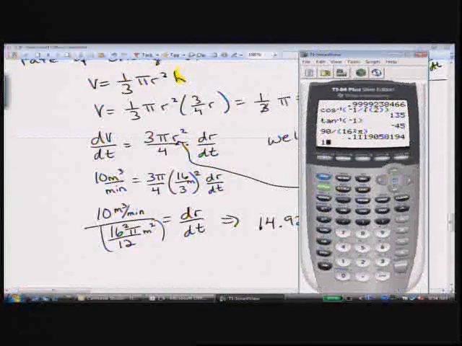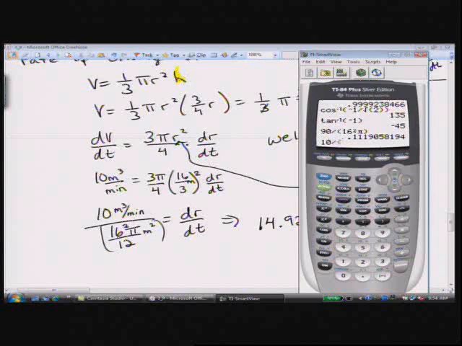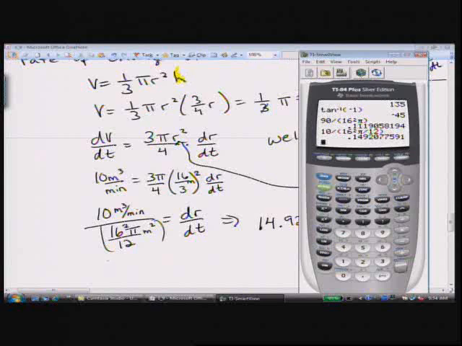So you have to do 10 divided by parenthesis 16 squared pi divided by 12. But see, this is a 3 squared, and this is a 1/3. There's 1/3 here, and there's 3 squared here. So I still got one left, and that one I multiplied by the 4. You with me? I divided it, yeah.